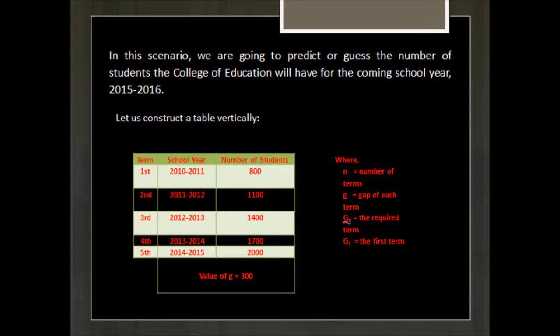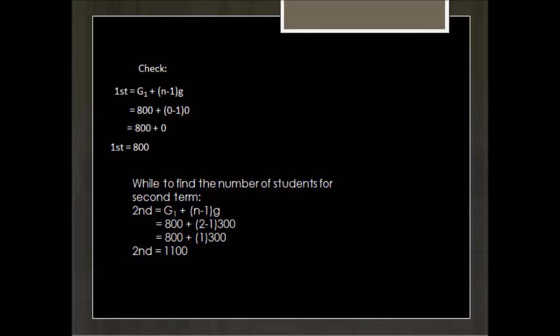Then we represent n as the number of terms, g as the gap of each term, g sub n as the required term, and g sub 1 as the first term. So to find the first term, we have the formula g sub 1 plus the quantity of n minus 1 times g.